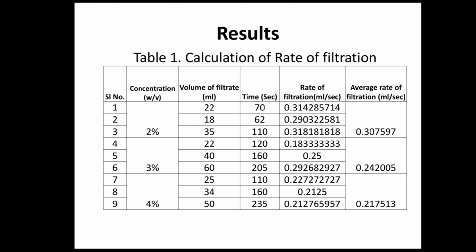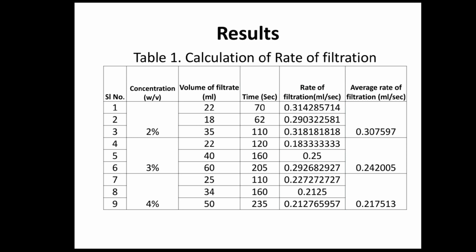For each concentration, triplicate readings are taken, and column 3 shows the different volume of the filtrate at different time, and column 4 indicates the different time in second taken for collecting the specific amount of the filtrate.